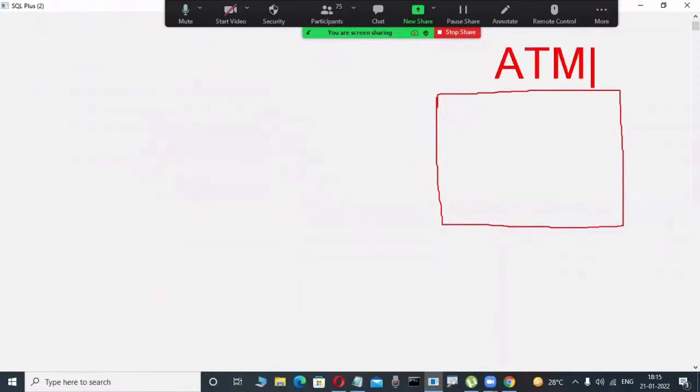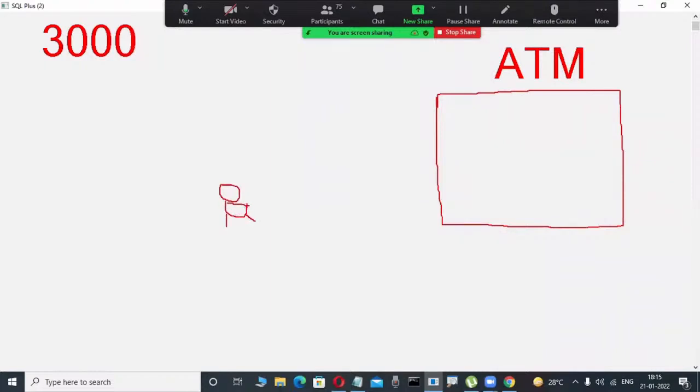This is an ATM machine, for example. One scenario I'm telling, that's enough. Now, what is my balance in my account? 3000 is the balance. Today I decided to withdraw some amount, for example. Suppose I'm going to the bank. Slowly observe it here.